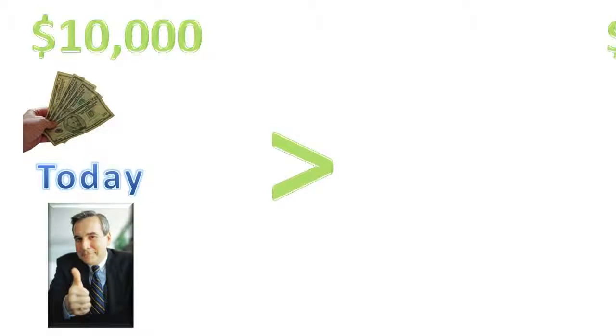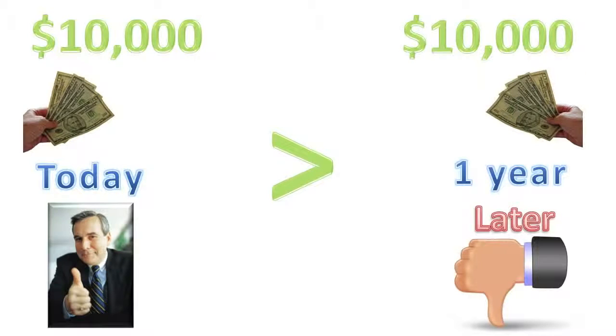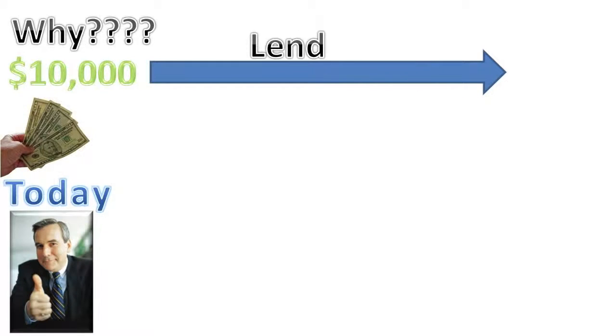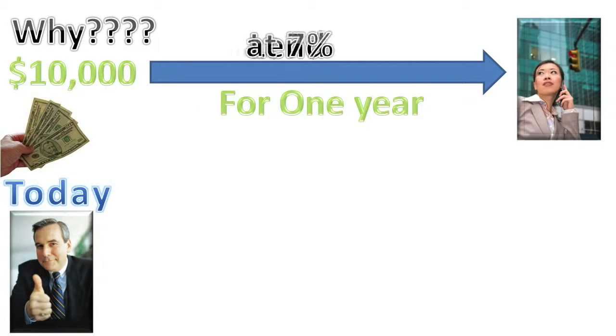For example, $10,000 in hand today has a greater value over time than receiving $10,000 a year from now. Why is that true? Because if you have $10,000 in your hand today, you could actually do something with it to earn more money, such as lend it to someone for a year at 7%.